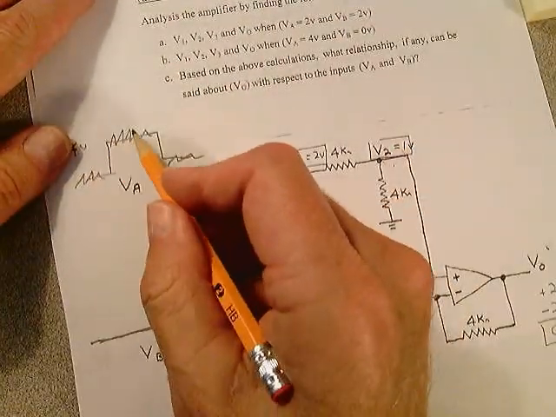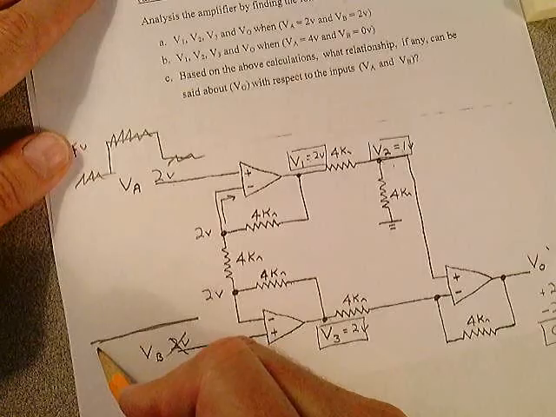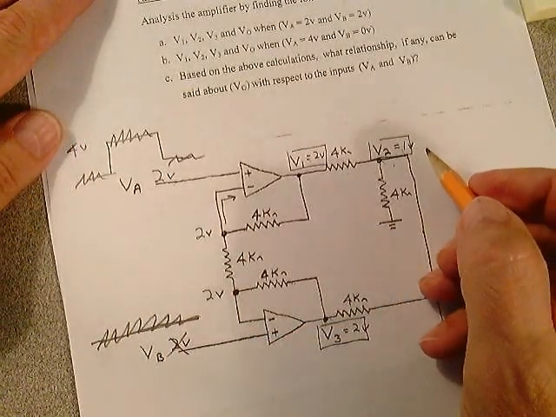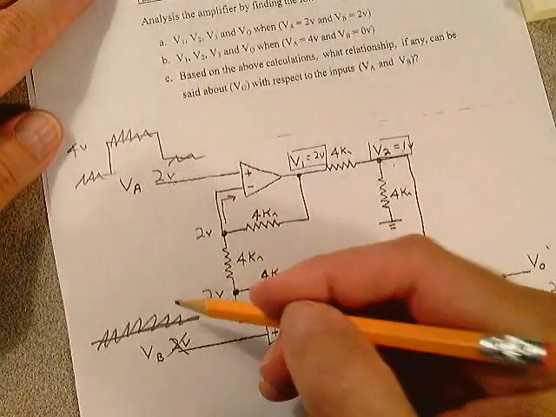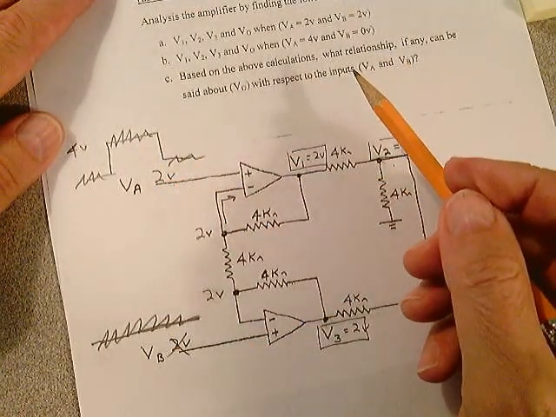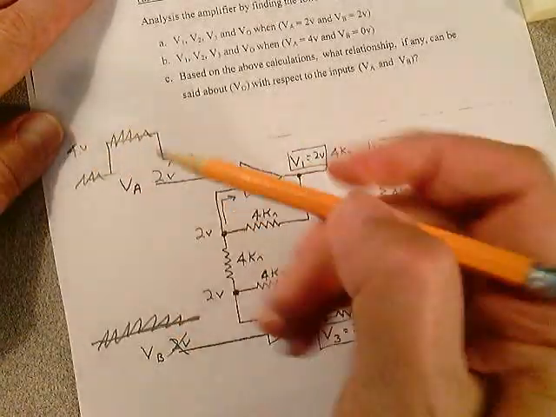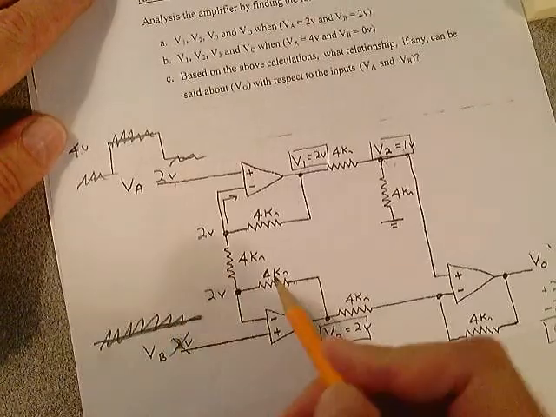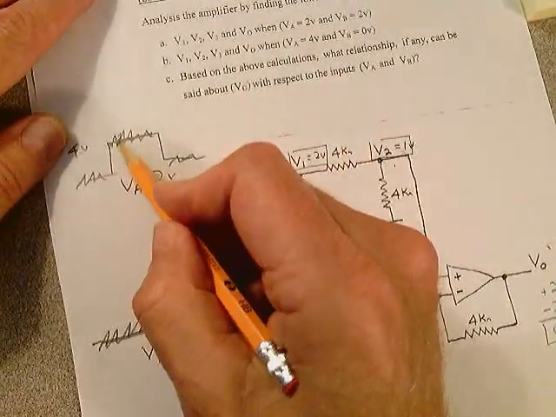The same noise that you have riding on this wire here, you're going to have that same noise riding on this wire. The only thing that gets amplified here is the difference, which is basically going to be the 4 minus the 0 times a gain, because this noise is common.